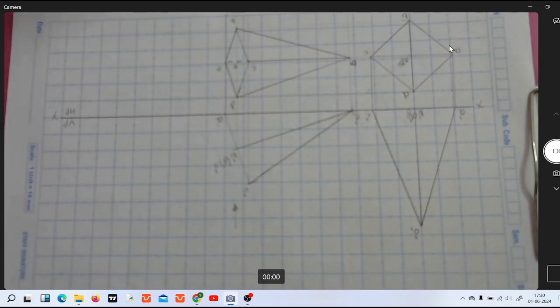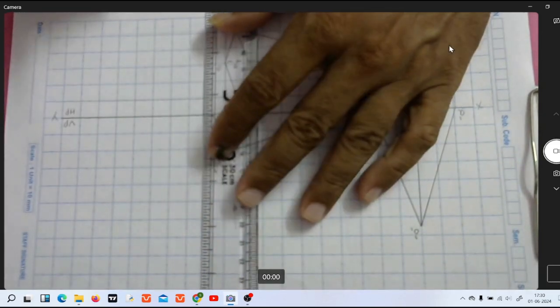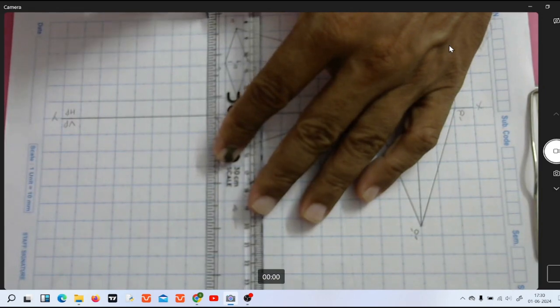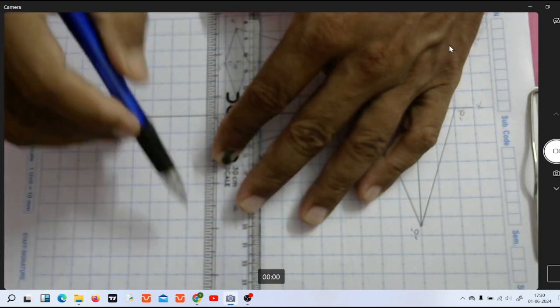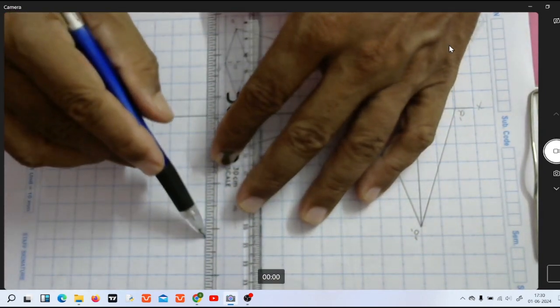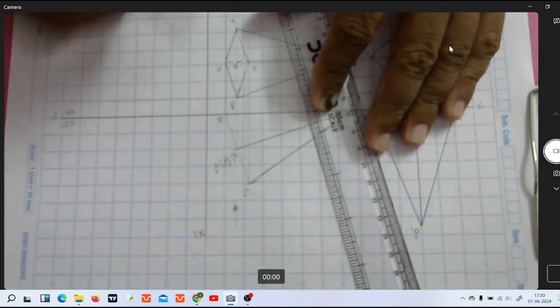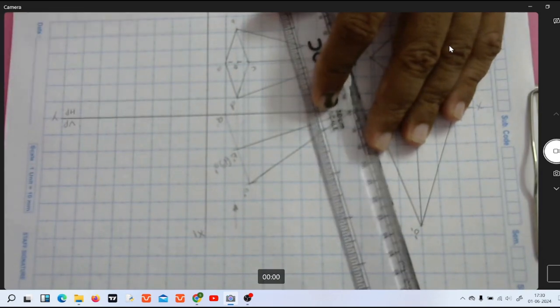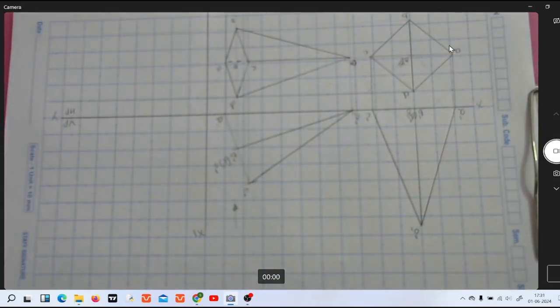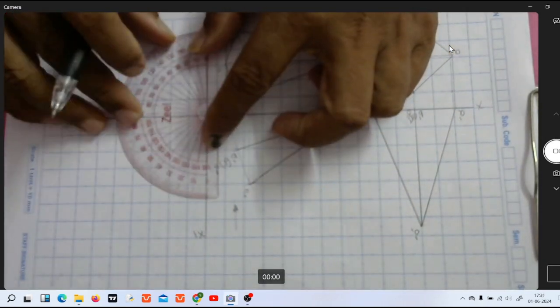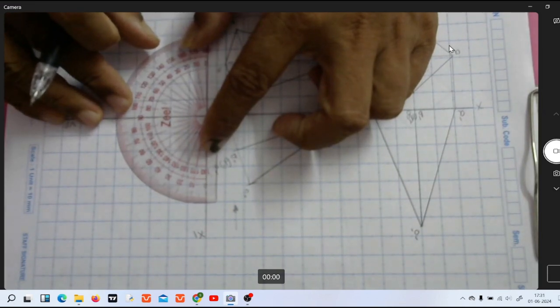So now to obtain the side view, you construct a vertical reference line, that is the second reference line, x1 y1. Now draw a line at an angle of 45 degrees.